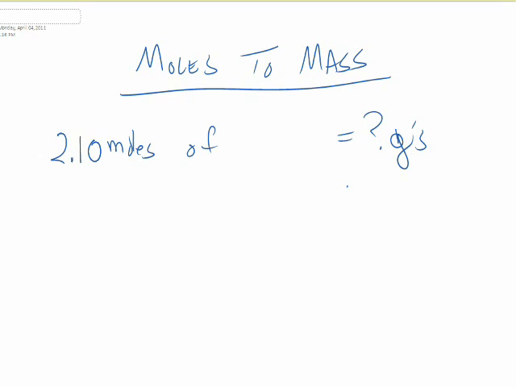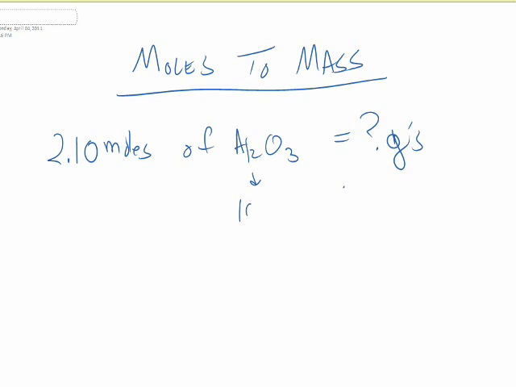Okay, how about 2.10 moles of aluminum oxide? How many grams would that be? Well, let's first find the molar mass of aluminum oxide. That would be 102.0 grams per 1 mole of aluminum oxide.